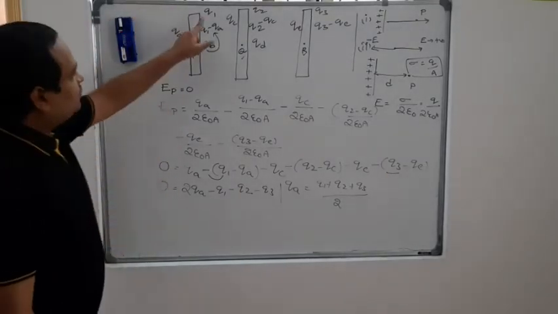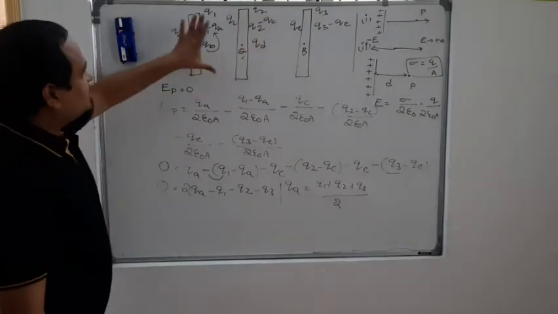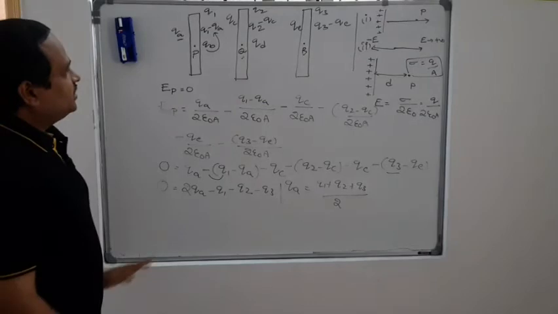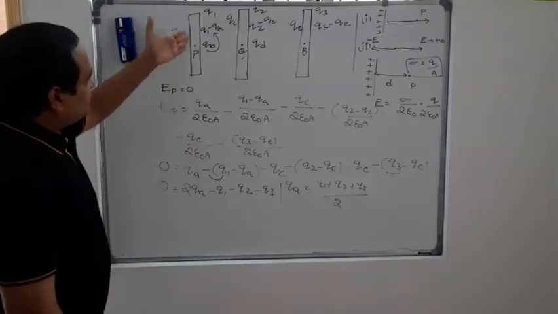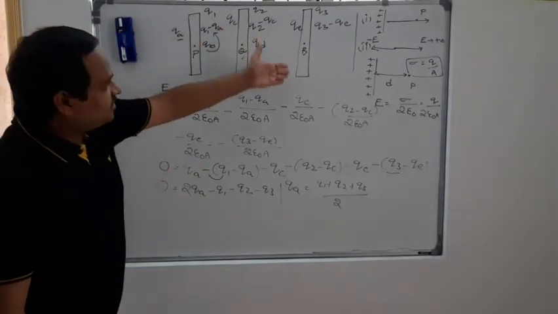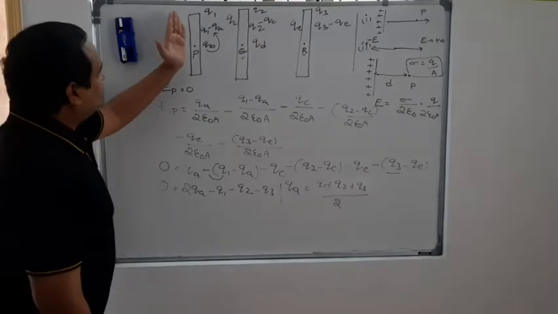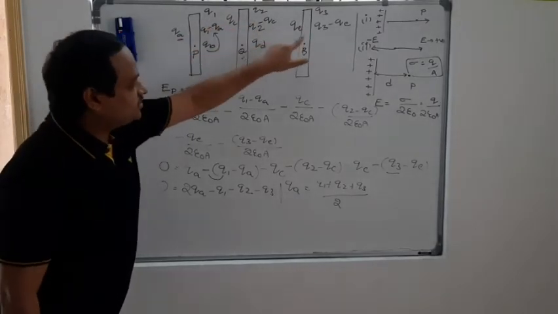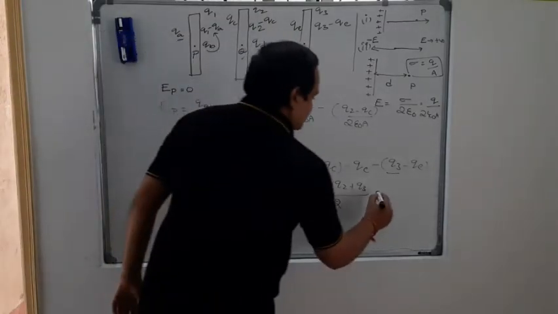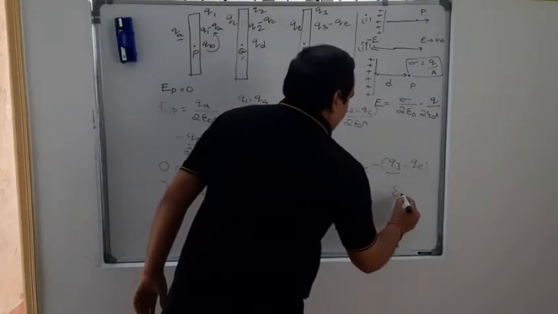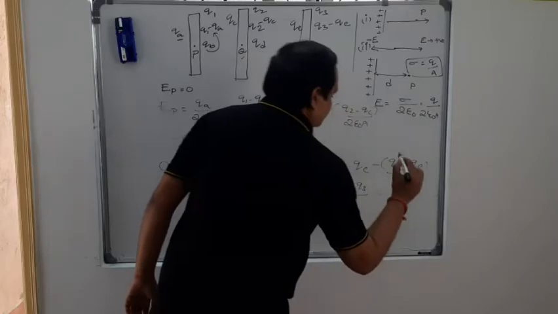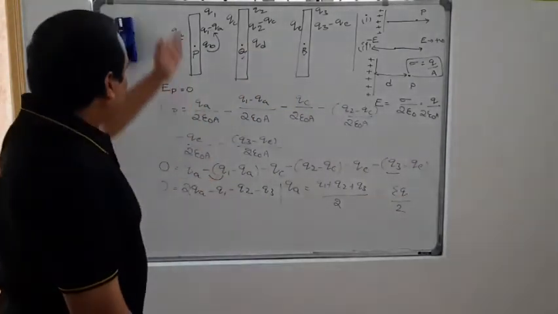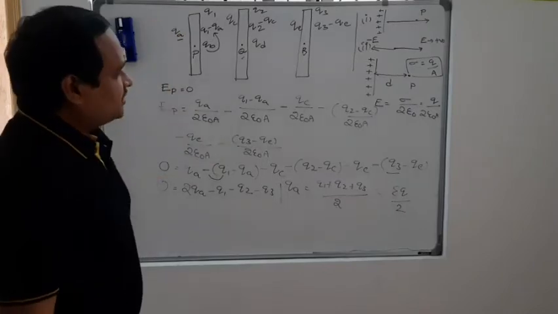So if Q1, Q2, Q3 are the charges given to the 3 plates and they are separated by some distance, then due to induction the charge distribution on each plate will be changed. And what is the charge accumulated on the first plate? That is Q1 plus Q2 plus Q3 by 2, which I am going to write as sigma Q by 2. So sigma Q by 2 will be the charge that is distributed on this plate.